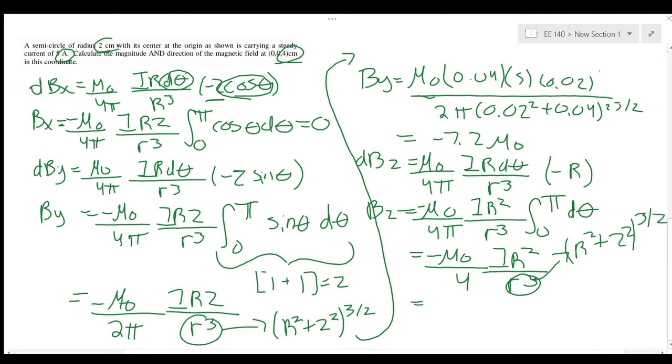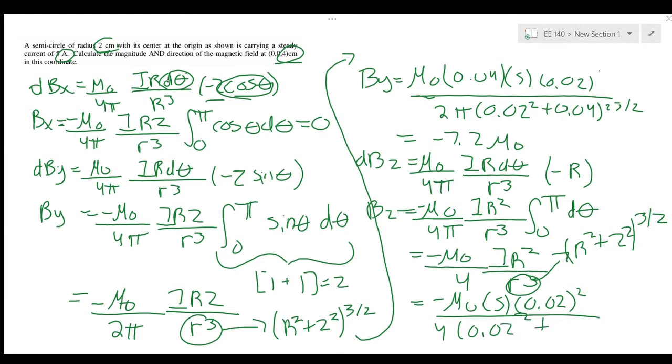And then, substituting in our values, we get negative mu naught times 5 times 0.02 squared over 4 times 0.02 squared plus 0.04 squared to the power of 3 over 2.